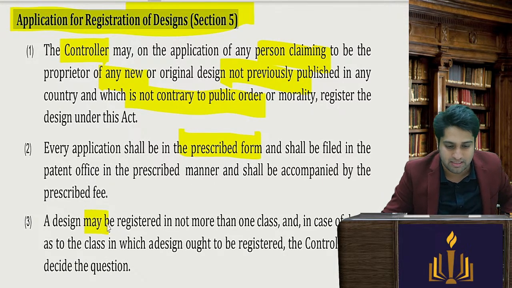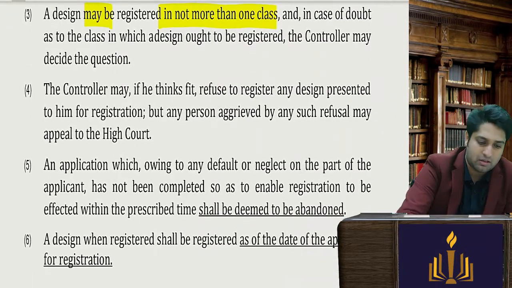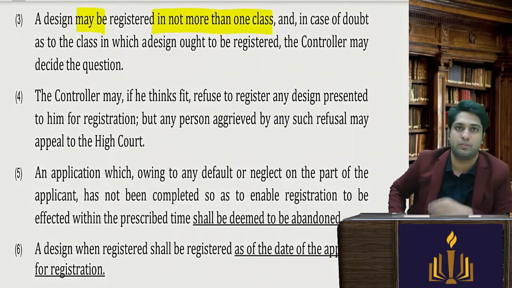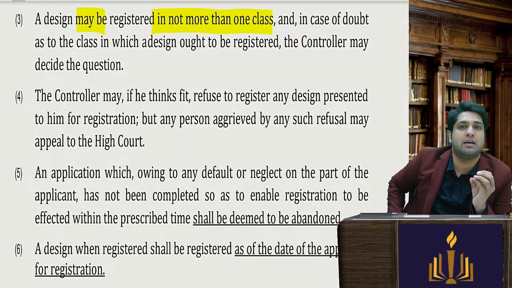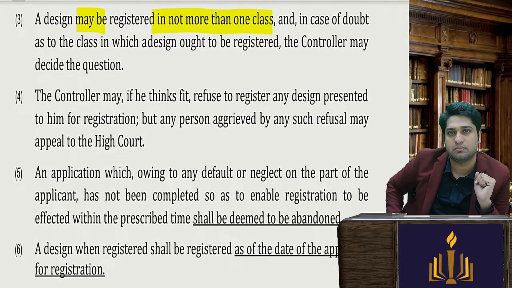A design may be registered in not more than one class. So again, when we are registering, we will have to identify which class of goods it falls into. For example, a mobile phone, you will know it is in the category of mobile phones. A watch, you know it will be in the category of watches.